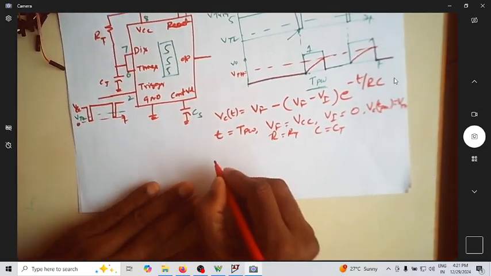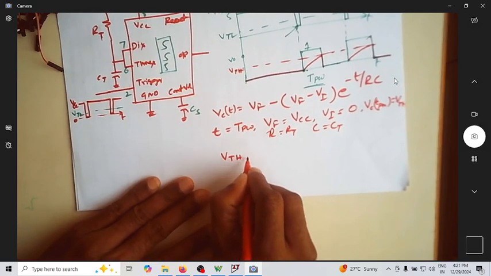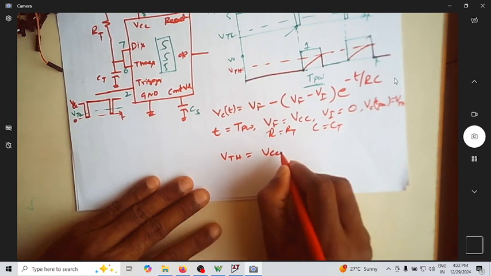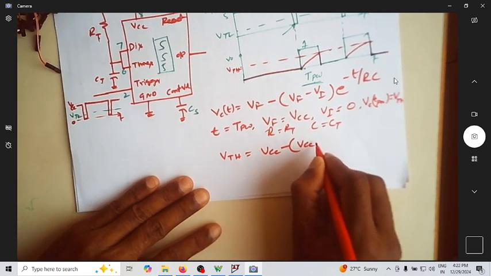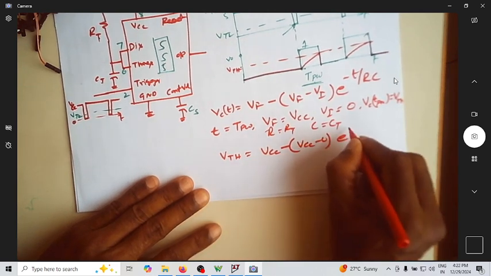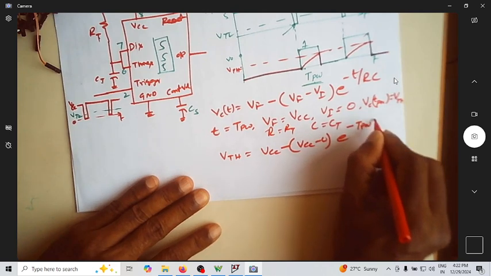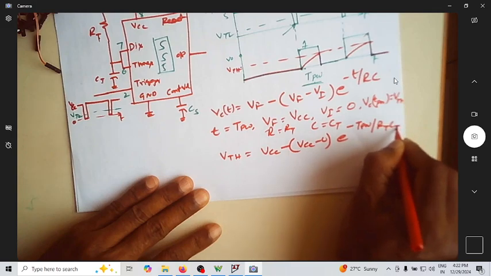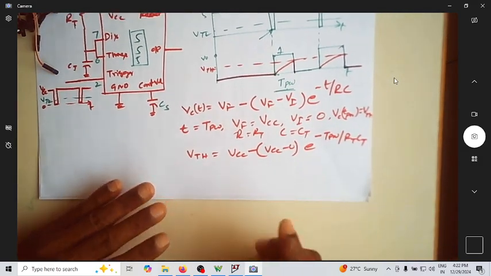So VTH is equal to VCC minus 0, e power minus TPW into RT CT.